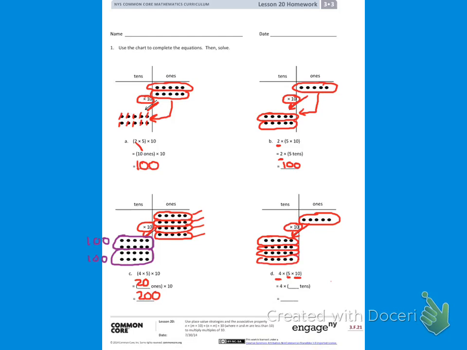This is my second row, my third row, and my fourth row. So that's how come the picture looks the way that it does. Now look at the equation. It says 4 times blank tens. We have to figure out what goes there. Well, we know that this right here is 5 tens. So what is 4 groups of 5 tens?